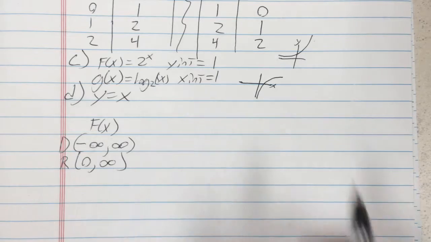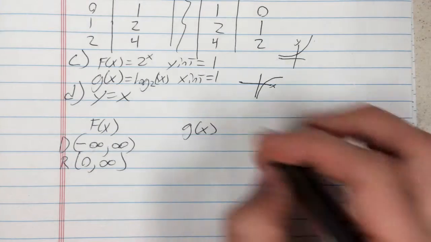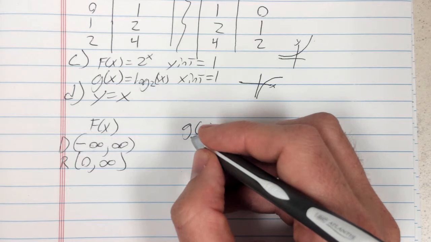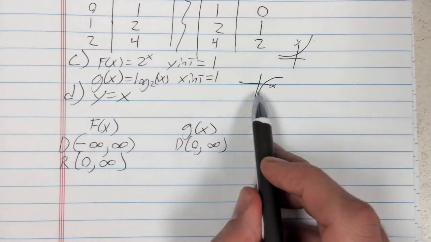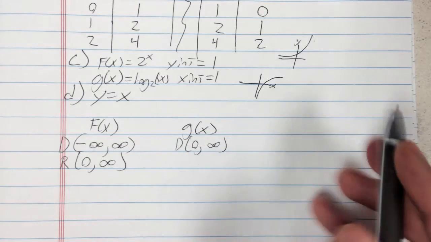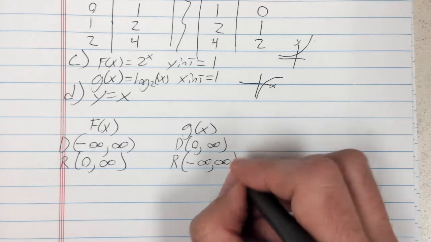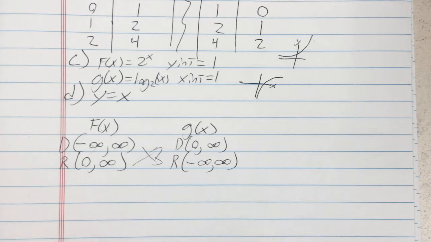Well, we already know g of x because it's just been flip-flopped. So for g of x, the domain is from 0 to infinity. The range is negative infinity to positive infinity. They've just been switched places.